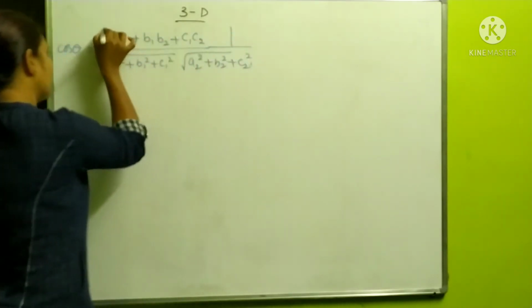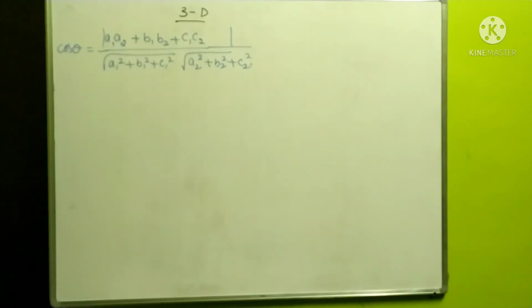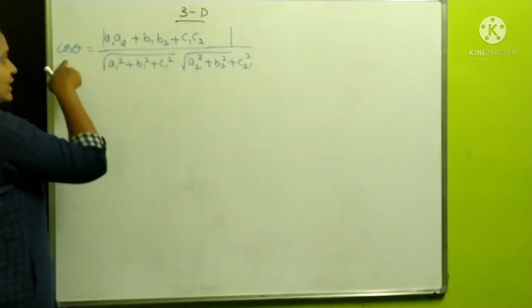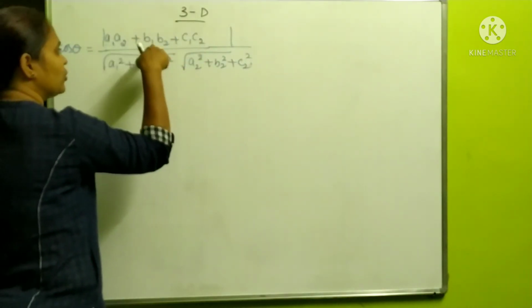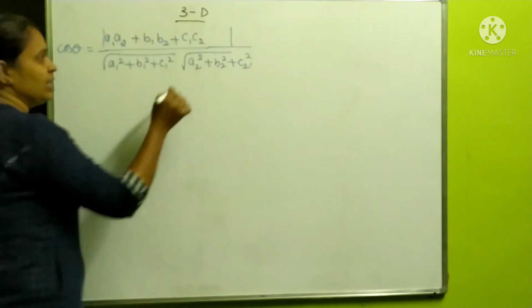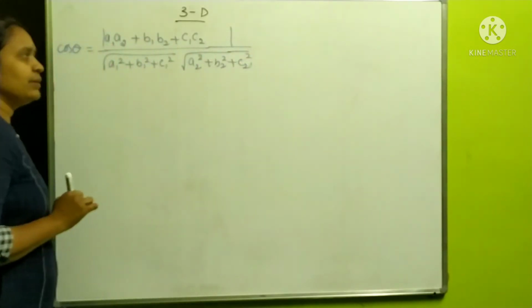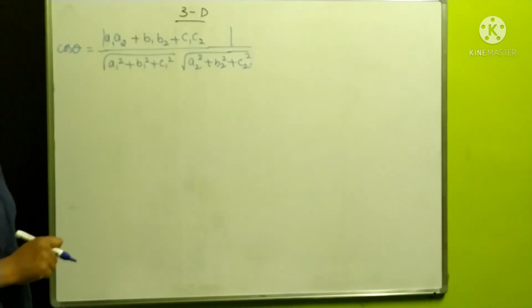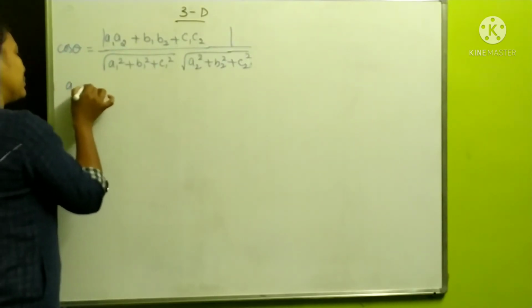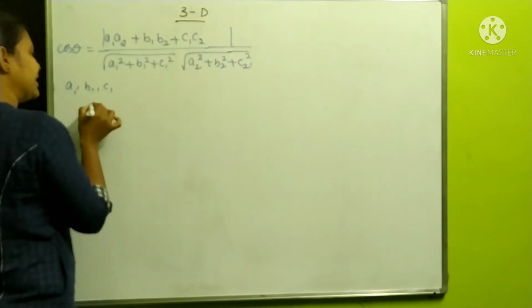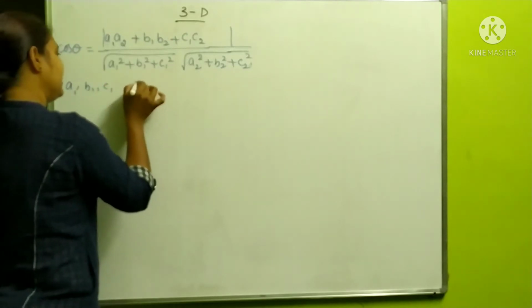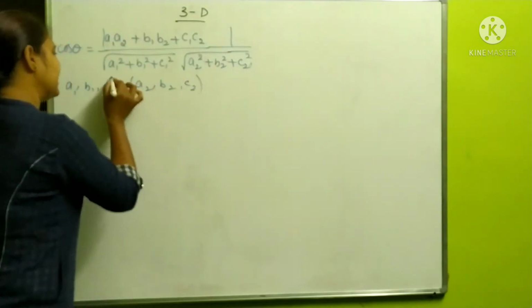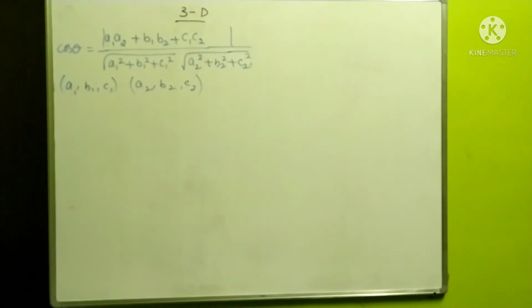Usually we will keep modulus because we are interested in finding acute angles. So acute angle cos theta is given by modulus A1 A2 plus B1 B2 plus C1 C2 by the same denominator, where A1, B1, C1 are direction ratios of first line, A2, B2, C2 are direction ratios of second line. These are set of direction ratios of both the lines.